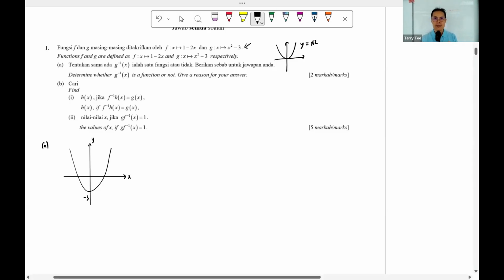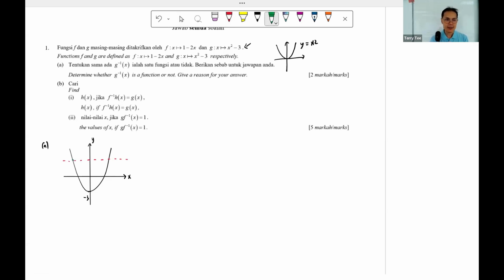Now, to explain this, I'm going to draw a horizontal line. When you draw a horizontal line, we call this a horizontal line test. You notice that it will intersect at 2 points, 1 and 2.